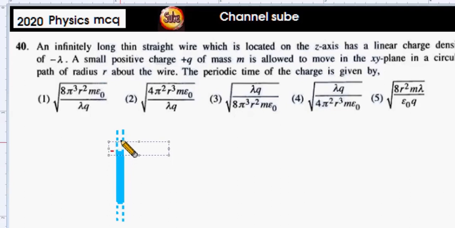We can show it like this, minus, like that, around the wire, but on the surface, because there are no charges inside a metal conductor. So charges are distributed like that along the surface.